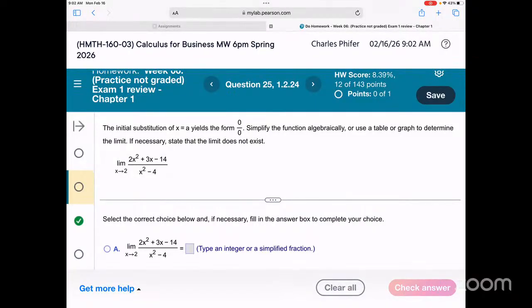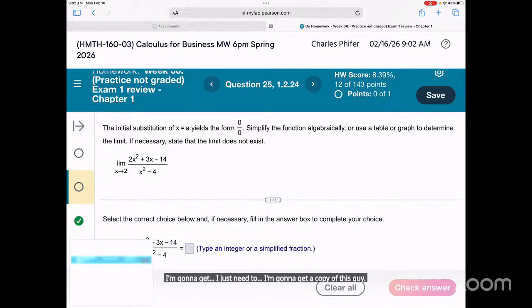So I'm going to get a copy of this and we'll work it out.